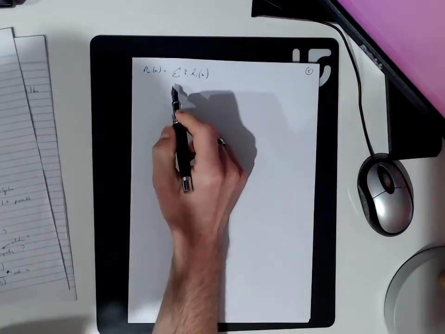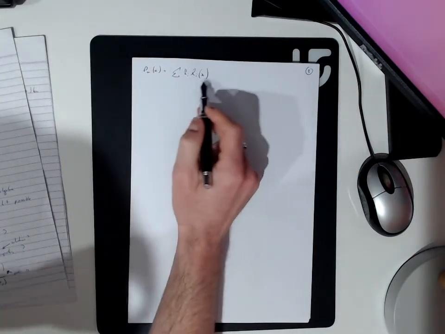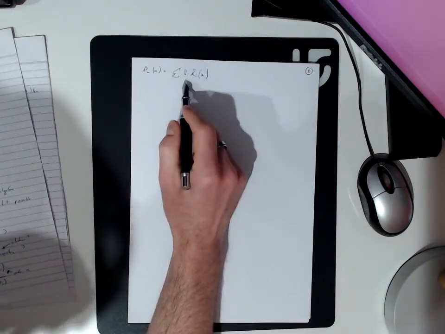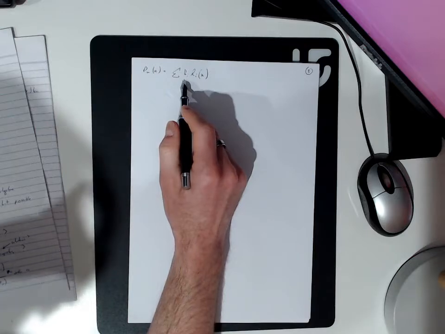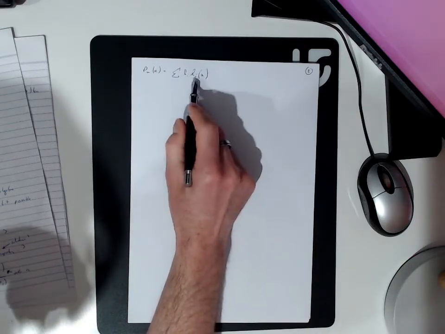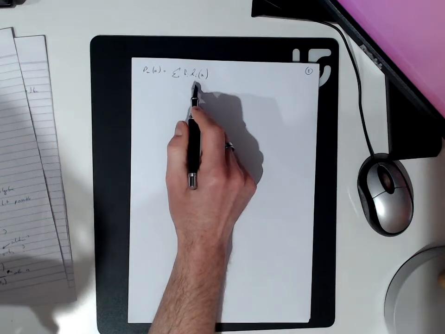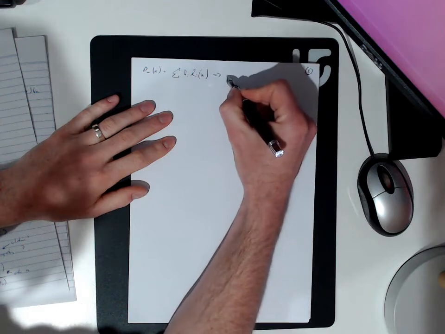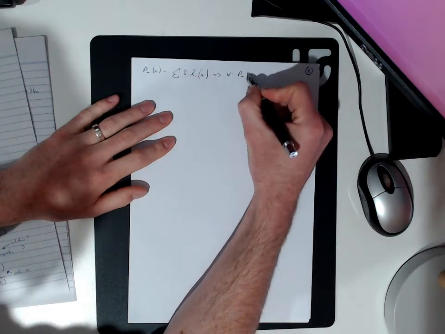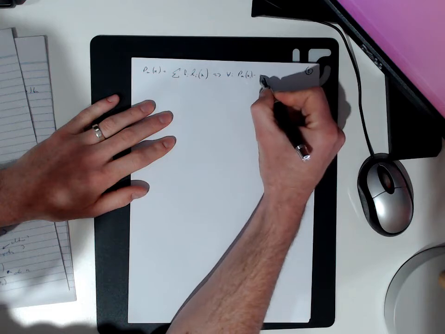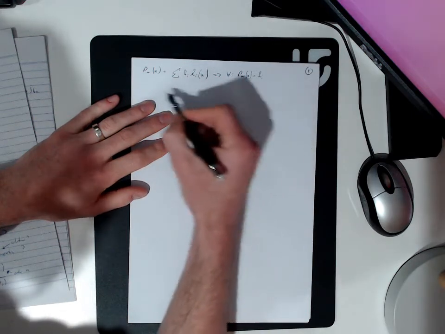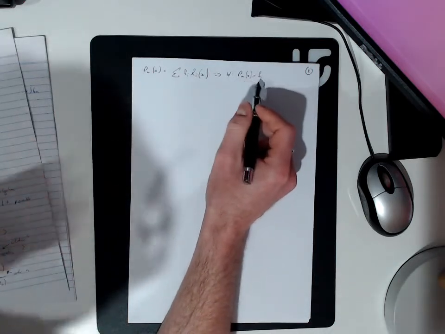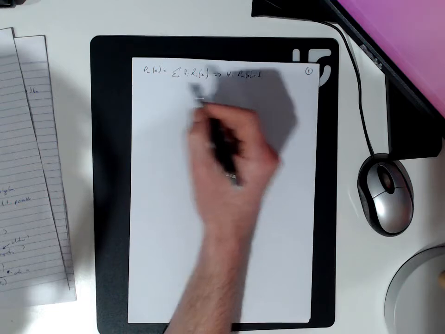The point being that at x_i, this term will be 1, all the other terms will be 0, and the value of the polynomial will be f_i. At x_j, similarly, this term will be 0, unless i is equal to j, in which case we get f_j. And by the uniqueness property that we have for polynomials, this must be the interpolating Lagrange polynomial.